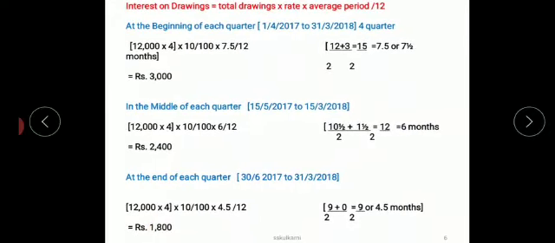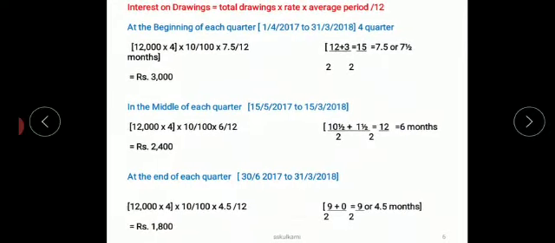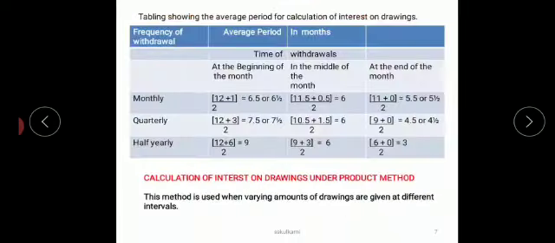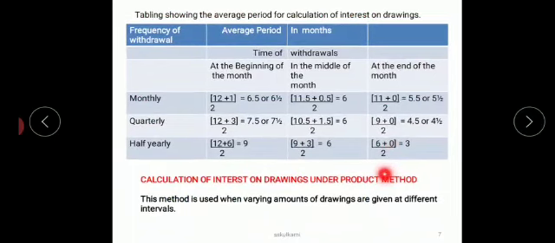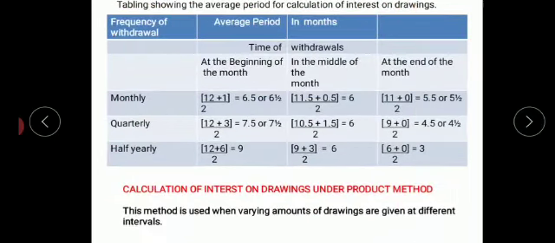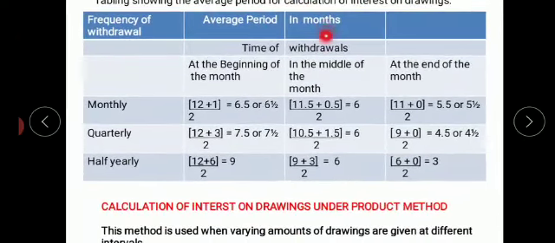So when quarters are given, you have to consider the quarters. Now we'll see a table which shows how to calculate the average period of calculation of interest on drawings.